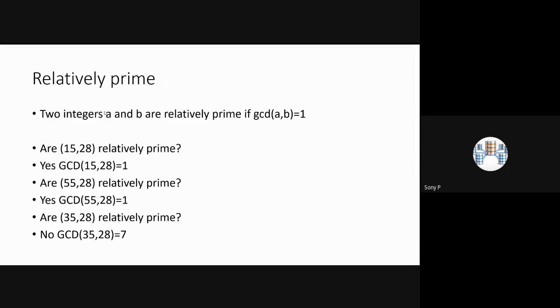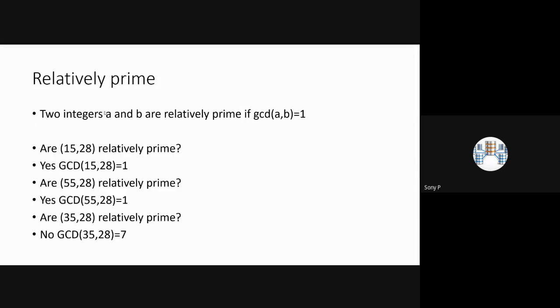Then what is relatively prime? Two integers are relatively prime if GCD of a and b is equal to 1. Are 15 and 28 relatively prime? Yes, as GCD of 15 and 28 is equal to 1.